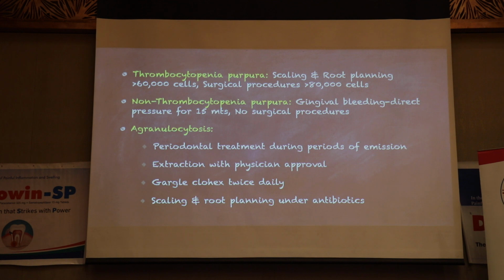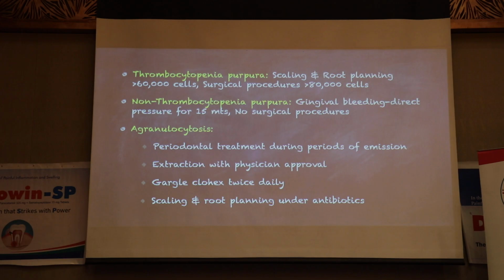Again, agranulocytosis has a period of remission and an active period. Do the treatment during the remission period, extract with the physician's approval, and have them gargle their mouth. For these patients, give chlorhexidine mouthwash because they're more prone to infections, and scaling and root planing under antibiotics, definitely, because the WBC are very low.